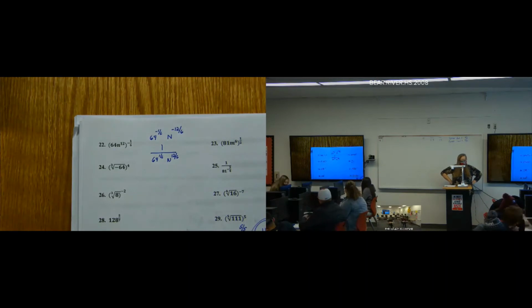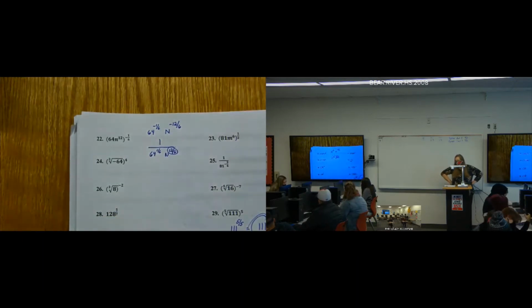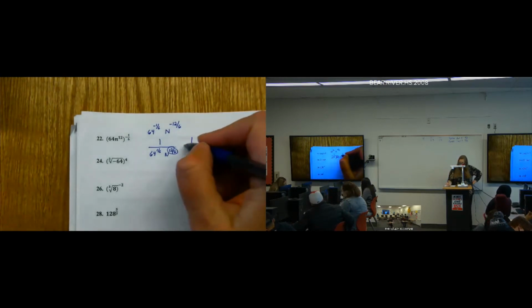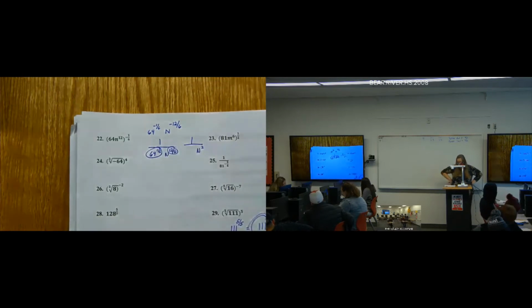Okay. Now what? That's not the answer. Well, because first off, I know what 12 over 6 is. 2. So I'm going to have something over n squared. But what about this? I would write it this other way, 6th root of 64.